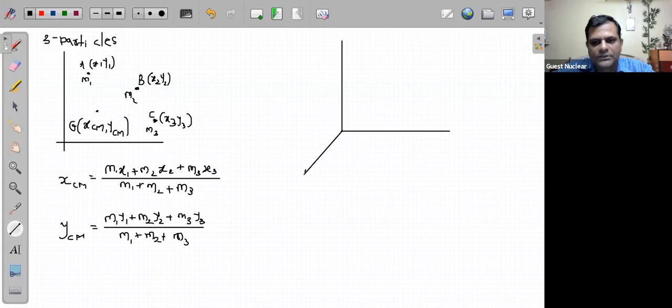So suppose we have these three axes. See carefully. Suppose these are the x-axis, y-axis and z-axis, and in space we have three different particles whose coordinates are given as, like A, whose coordinates are x1, y1.